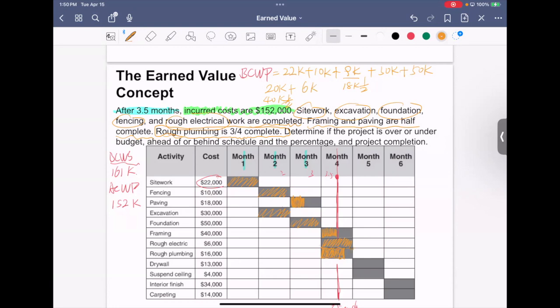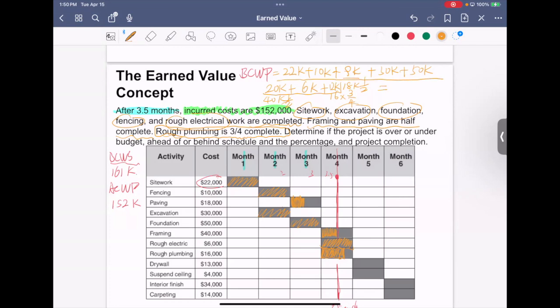And then we have the rough plumbing, and the times with 4.75, right? And this will be equal to what? 12. Is that 12, right? Yes. 12K.